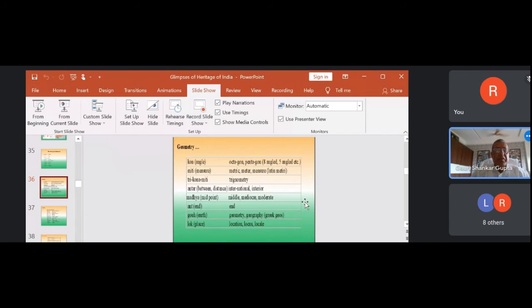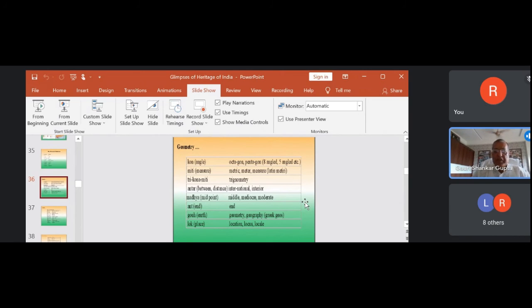We have tricone miti. Tre is the word 3, the numerical 3. Then cone is angle, and miti is measure, in 3 different angles, and that becomes trigonometry in other languages of Europe. Antar.